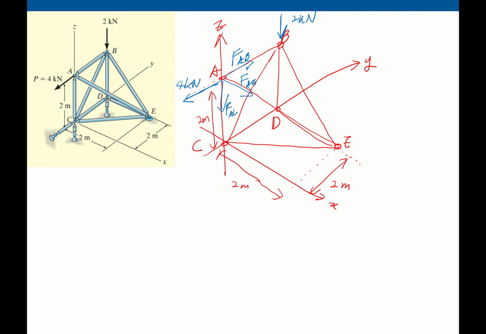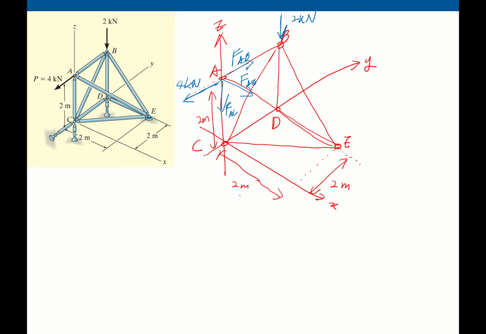Luckily, force AC is on the z directional axis, so there is no x and y component. Force AB is directly along the y-axis direction, so there is no x and z component. How about the FAE? The AE has a diagonal direction, so it has all the x, y, z components.